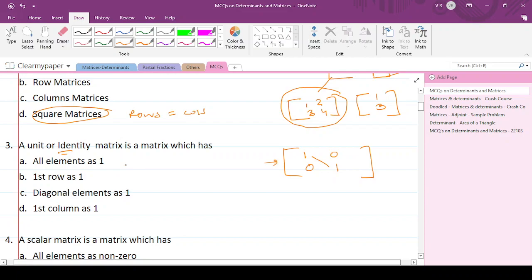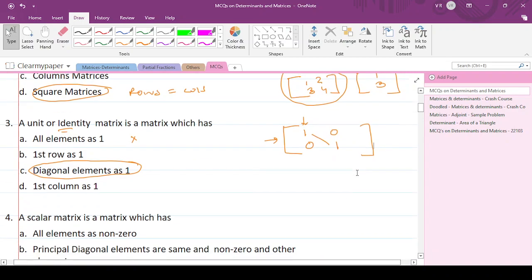All elements as 1. I don't think so. We don't have all elements as 1. This is not the answer. First row as 1. The first row is also not all 1, because the first row is 1, 0. This is not the answer. Diagonal elements as 1. This is the diagonal that has 1. This looks like the answer. And the last one, first column as 1, is also not the true answer. So a unit or identity matrix is the matrix where all the diagonal elements are 1.